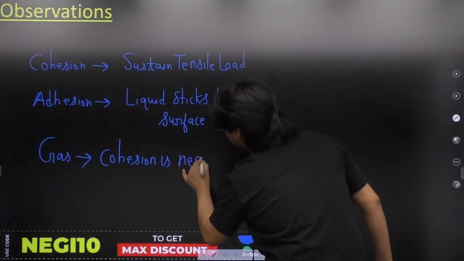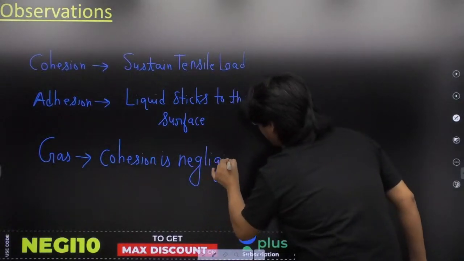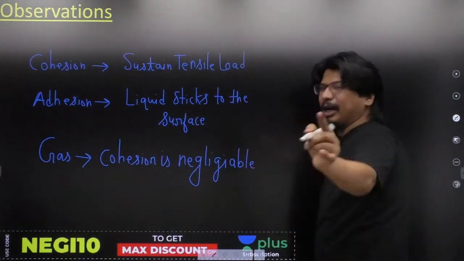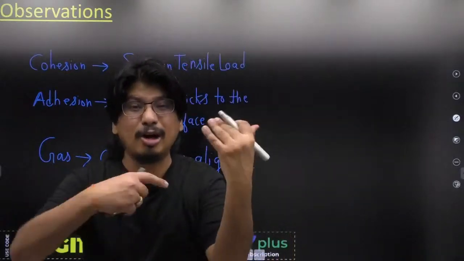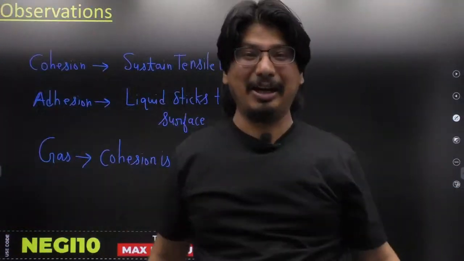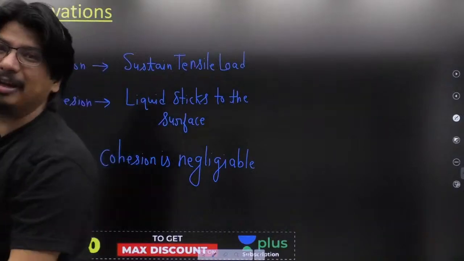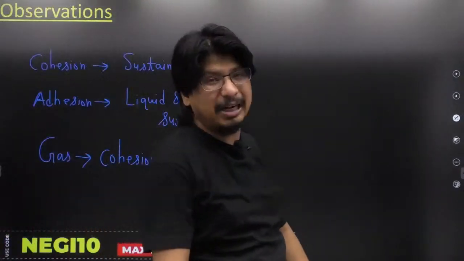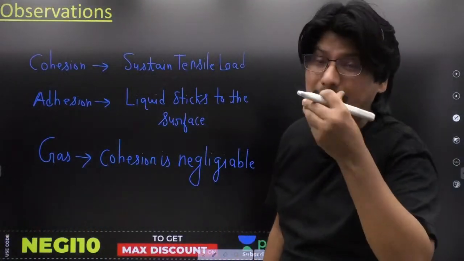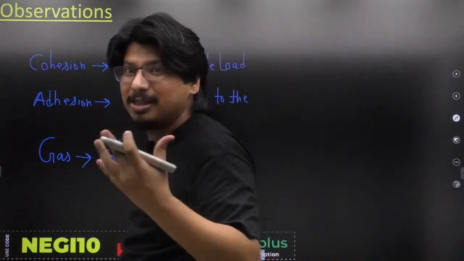Can you tell me why cohesion is negligible in the case of gas? Because gas molecules will be having random motion. Here and there, they will be moving randomly, and the cohesion will be negligible. In case of liquid, there will be some cohesion.